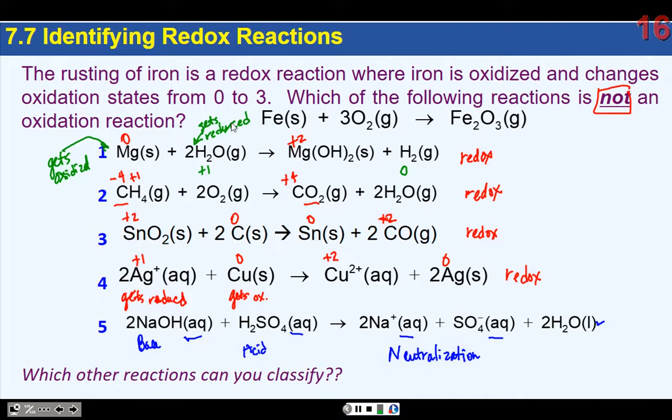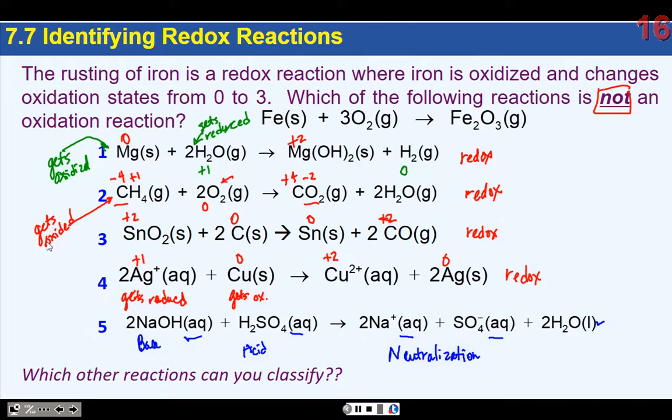The next example, I didn't write it in completely, so let's finish doing it. The oxidation number of oxygen better be 0, but in the product, it's going to be -2, and so it's gaining electrons. So the carbon gets oxidized, and that means the oxygen gets reduced.